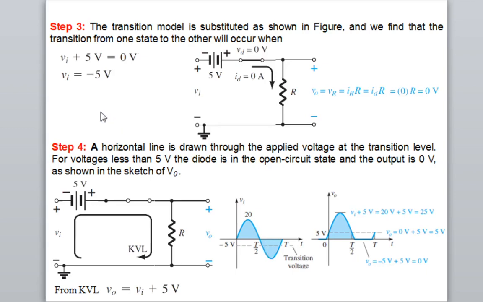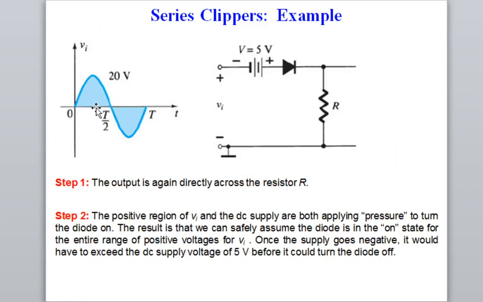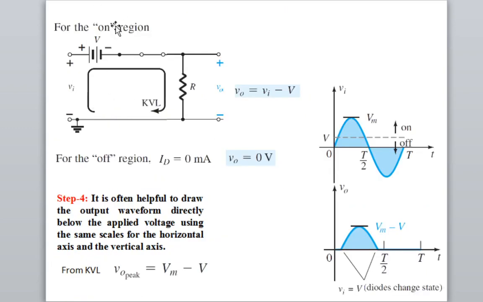Now if you determine the output voltage, as we discussed in step 3, there is the on region and the off region.